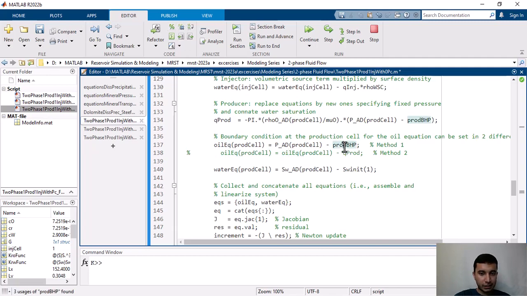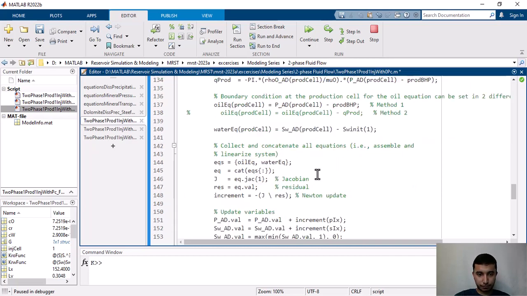But in this case, I need to subtract this value from the pressure of the cell in which the production well is located. All right? And as you see, this is exactly what I said. All right? Great. So there's no difference which of these methods you use. All right?